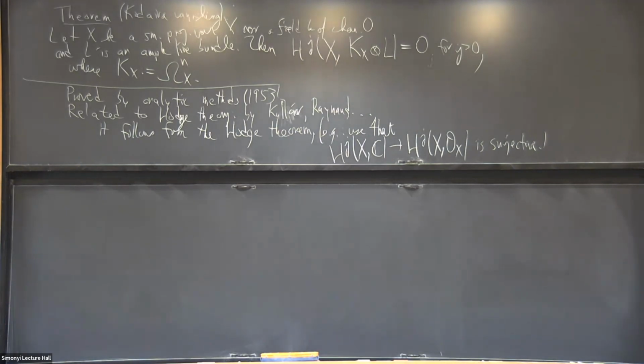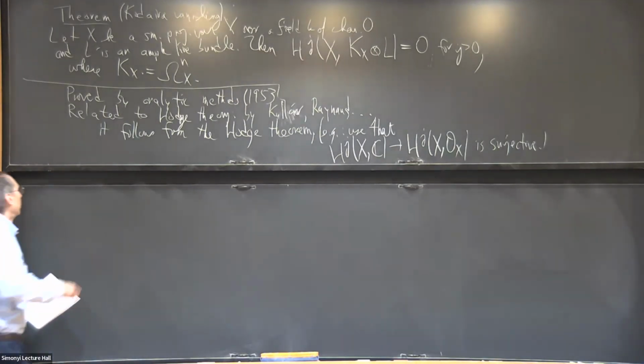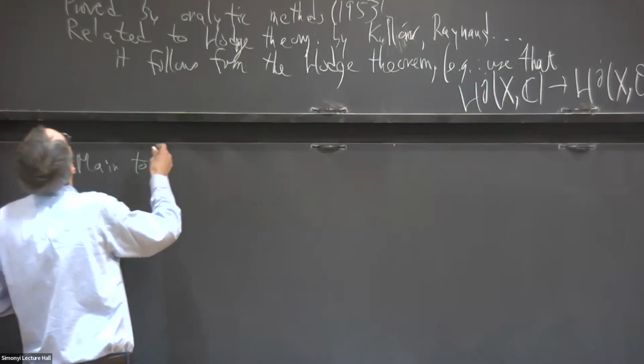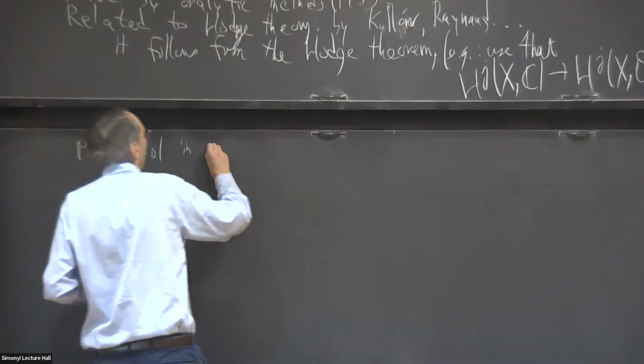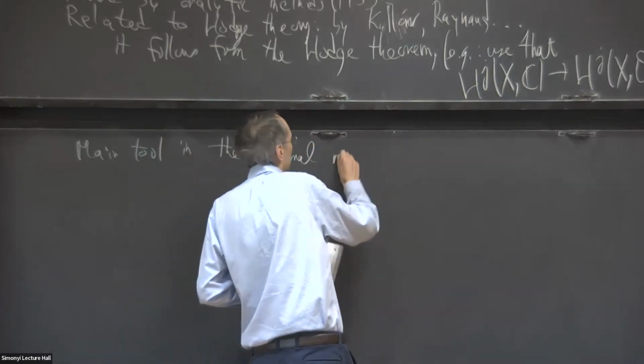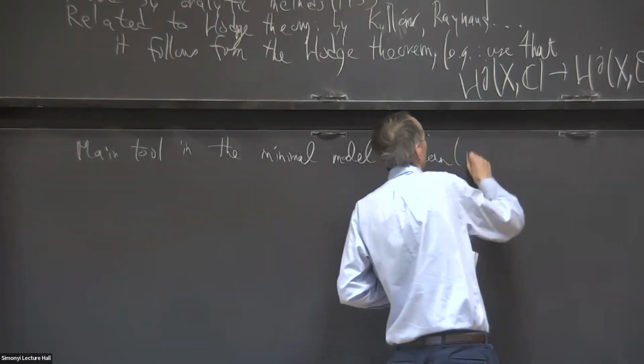Another reason to be interested in Kodaira vanishing is that it's, in some sense, the main tool in the minimal model program. That's slightly debatable, but I would argue it is, and the minimal model program is the general framework for classifying algebraic varieties.